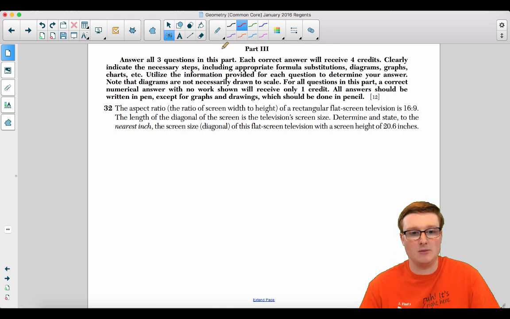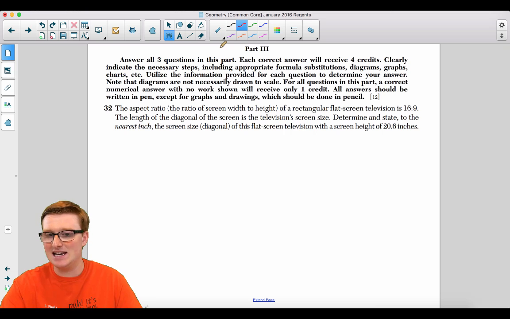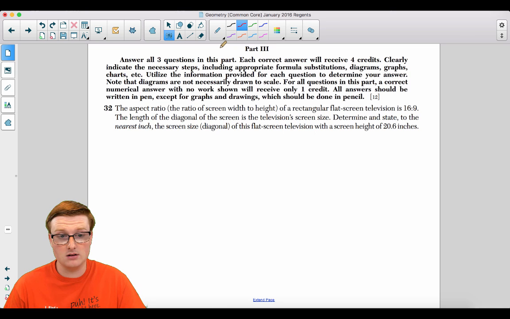So here we go. The aspect ratio, which is the ratio of screen width to height of a rectangular flat screen television, is 16:9. The length of the diagonal of the screen is the television screen size.